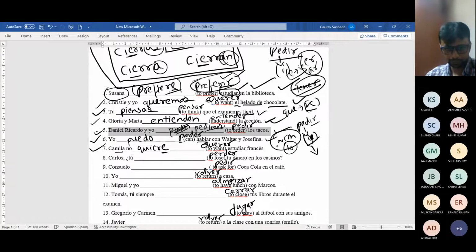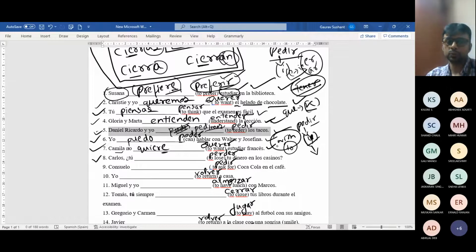And what could be the meaning of this one? It's a negative sentence, so how would you say that in English? Camila doesn't want to study French. Estudiar is to study. Good.